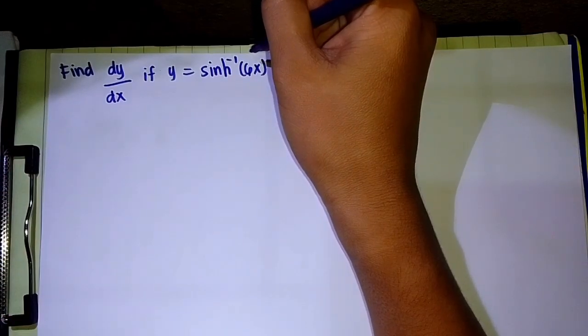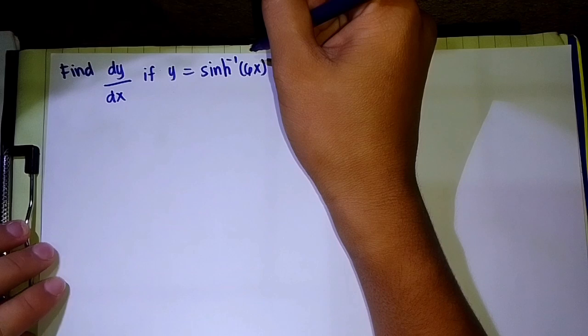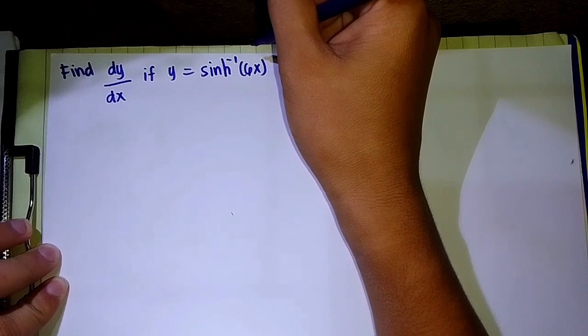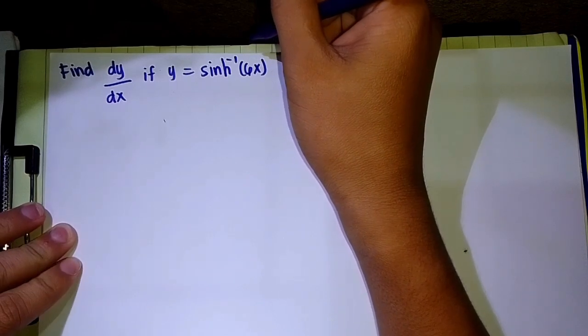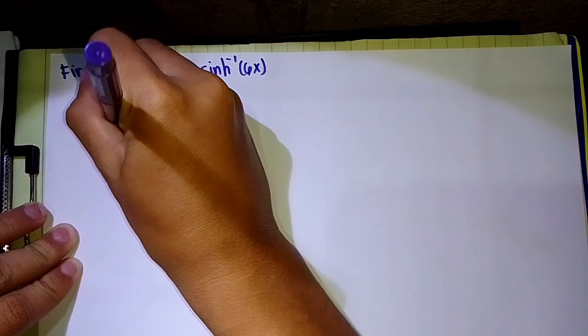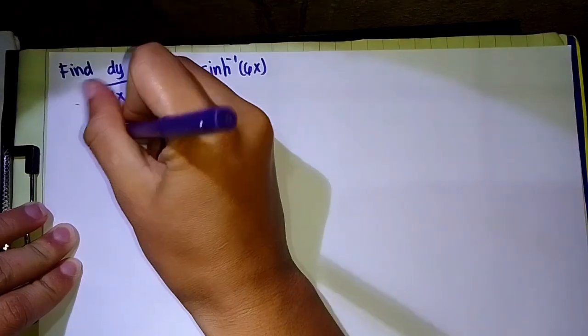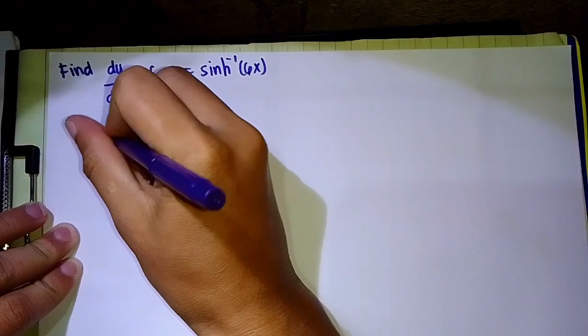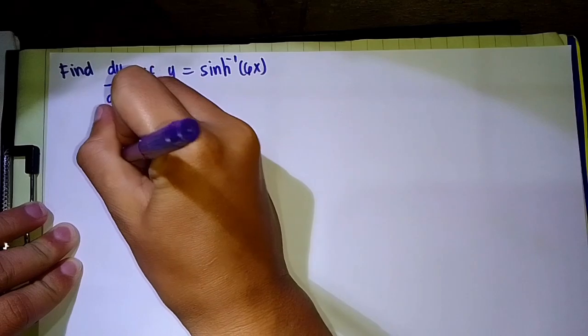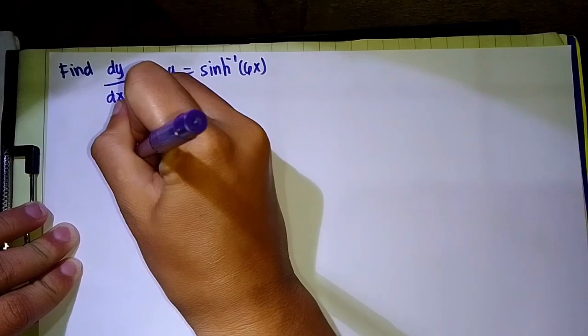What I am going to do first is write down the formula. The answer is going to be u prime over the square root of u squared plus 1.